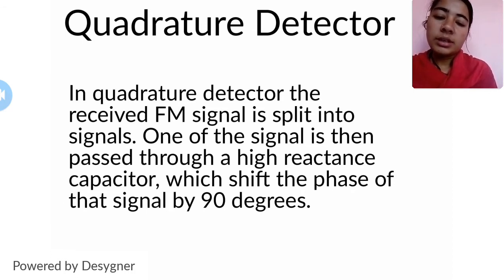This phase shifted signal is then applied to an LC circuit, which is resonant at the FM signal's unmodulated center or carrier frequency. If the received FM signal frequency equals the center frequency, then the two signals will have a 90-degree phase difference and they are said to be in phase quadrature, hence the name of this method.